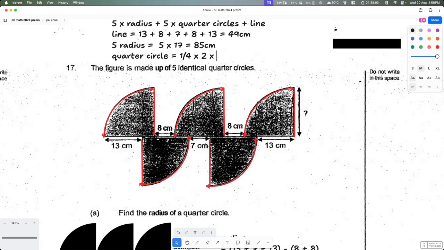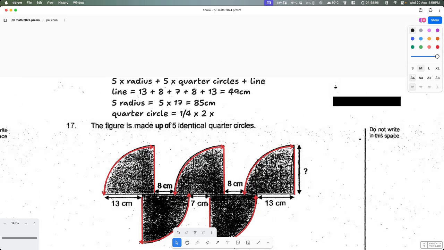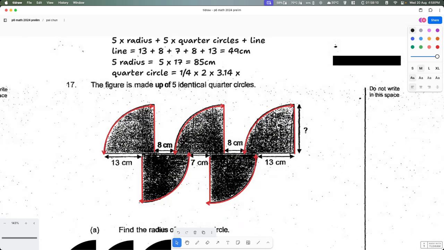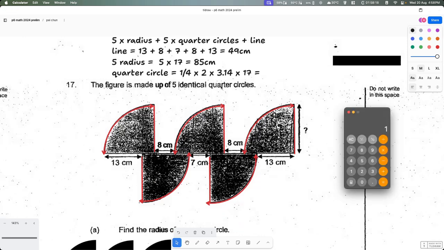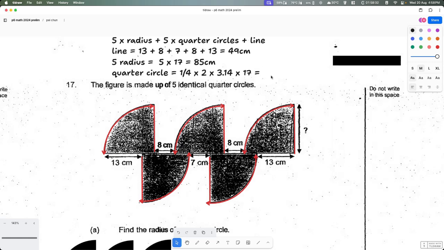So 2 times pi, which is 3.14, times radius, which is 17. So we will just calculate 1 divided by 4 times 2 times 3.14 times 17, which is 26.69.